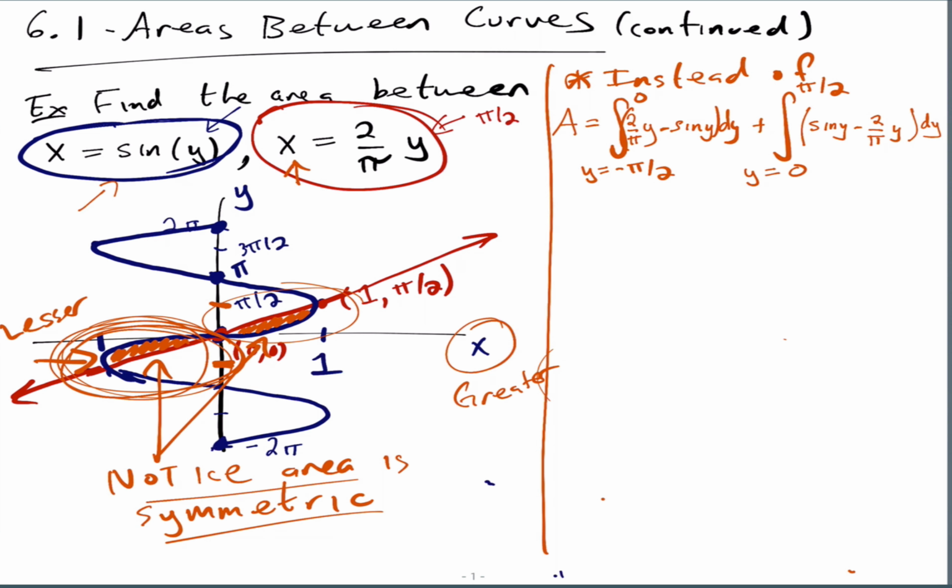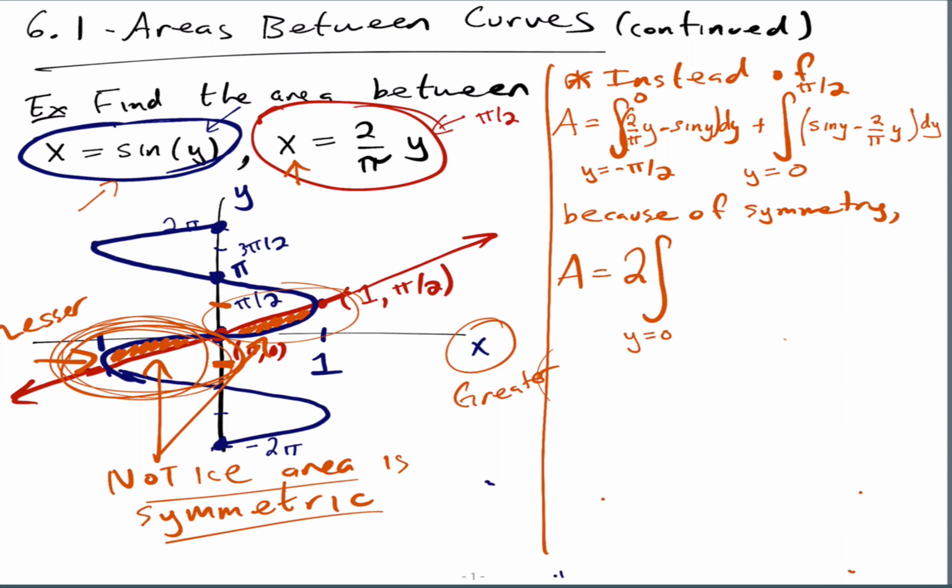Okay. So again, notice that, like we said, instead of doing that, what are we going to do? Instead of this, because of symmetry, note the areas are equal. So the area is going to be twice the integral from, and then you pick whichever one you feel like.